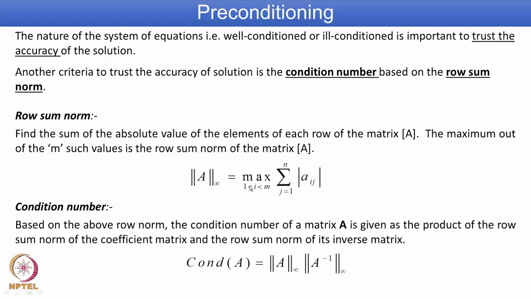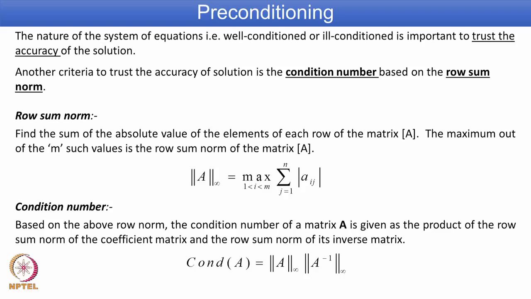So, for the coefficient matrix A, you sum the corresponding elements for j going from 1 to n, and you take the maximum over all the rows, and that becomes the RowSum norm of the coefficient matrix A, and it is mathematically given here.